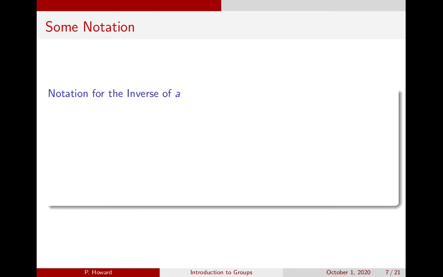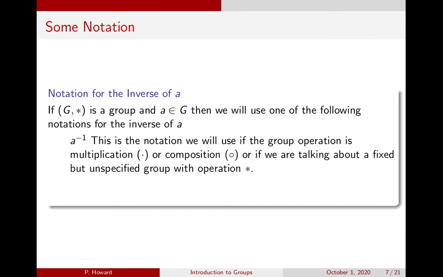And now our notation for the inverse of an element. So if we have a group and an element little a of that group, we will use one of the following notations for the inverse of A. A with a superscript -1. So this is read A inverse.